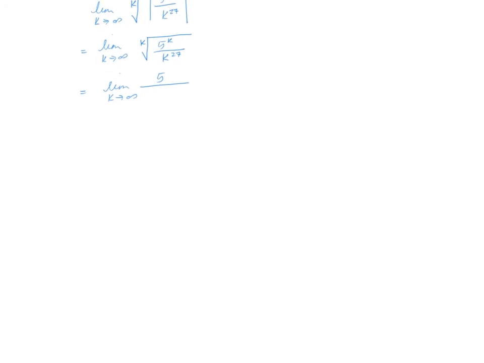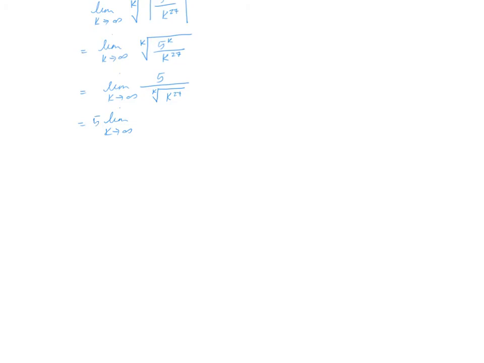And the denominator is going to still be the kth root of k to the 27. All right, so I have an issue. As k goes to infinity, I get an indeterminate form in the denominator.